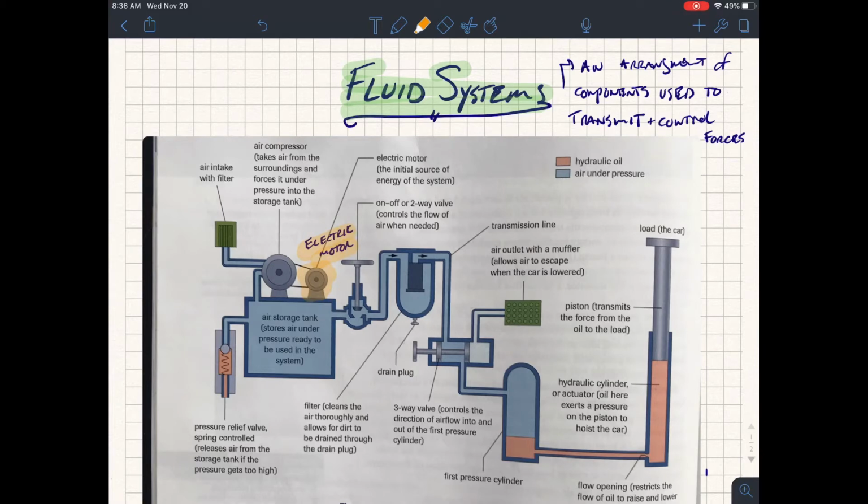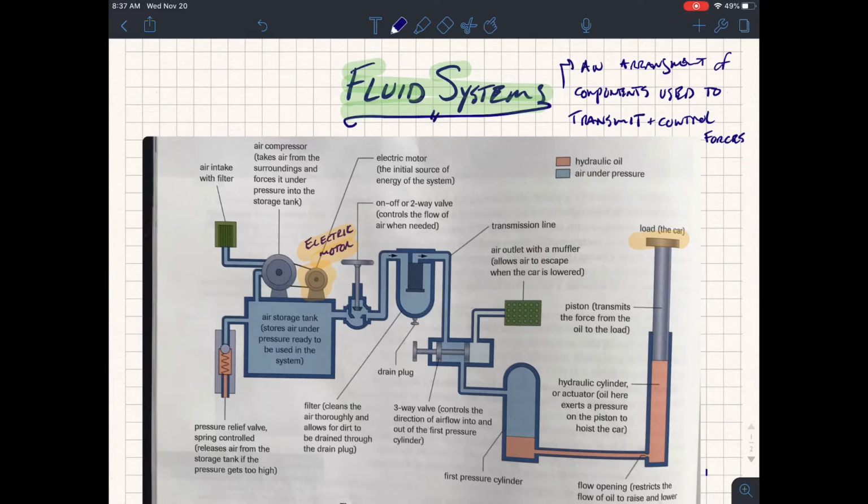On the output side of the system is our desired energy transformation, and in this instance, we want to lift a heavy object.